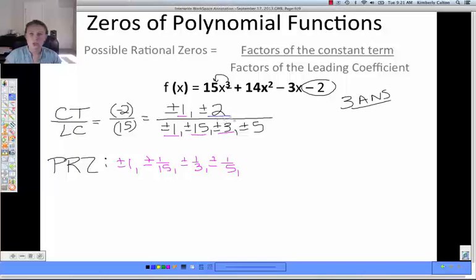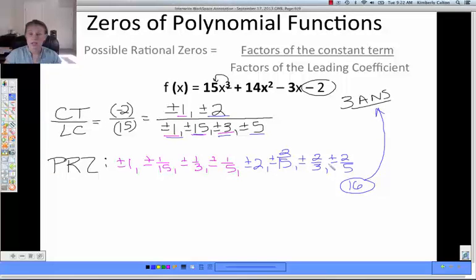So now we have 2 divided by 1, so that's plus or minus 2. 2 divided by 15, plus or minus 2/15. Then we have 2 divided by 3, which is plus or minus 2/3. And last but not least, we have 2 divided by 5, which is plus or minus 2/5. So we have 2, 4, 6, 8, 10, 12, 14, 16 possible answers.